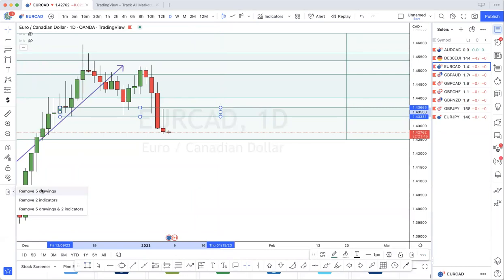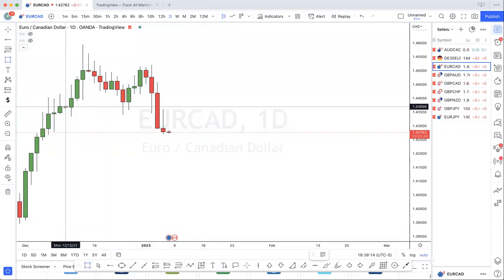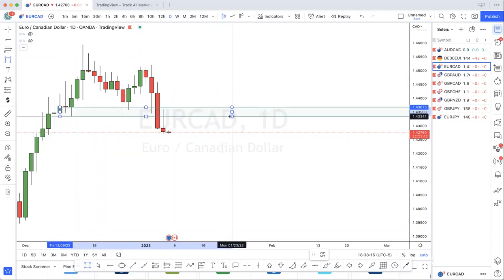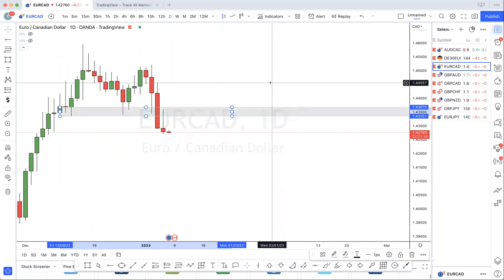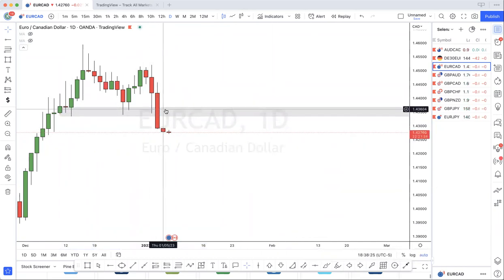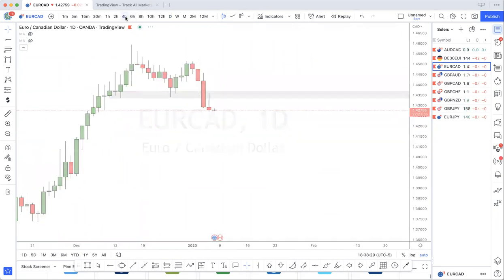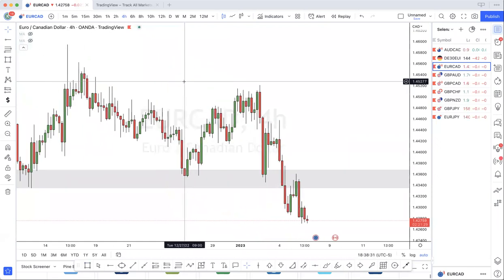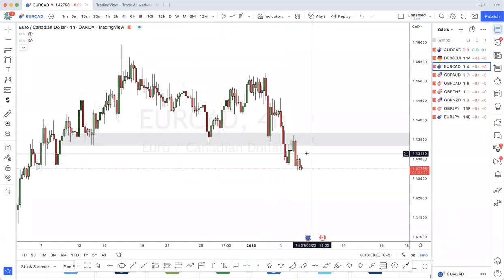I'm going to delete all this, y'all, because I can't. Started breaking structure. This was an order block here. And then broke through, tapped back in, and then started dropping some more. So based on the 4 hour, it broke structure, pulled back in, gave you a bearish order block, broke some more structure.